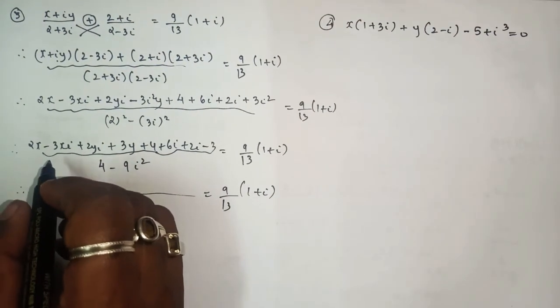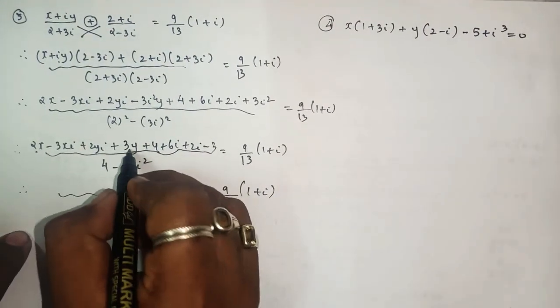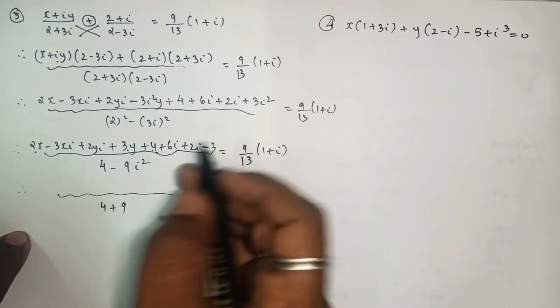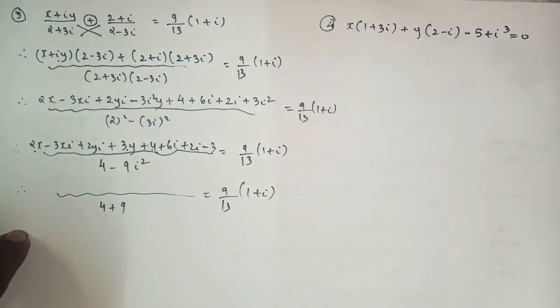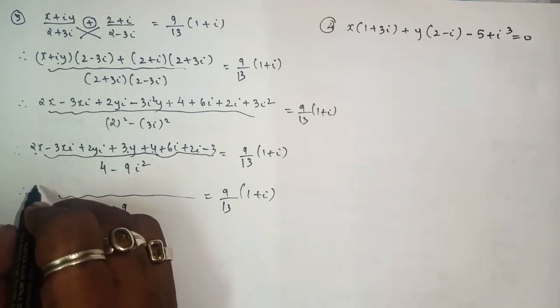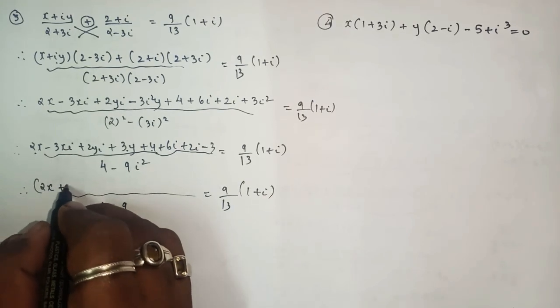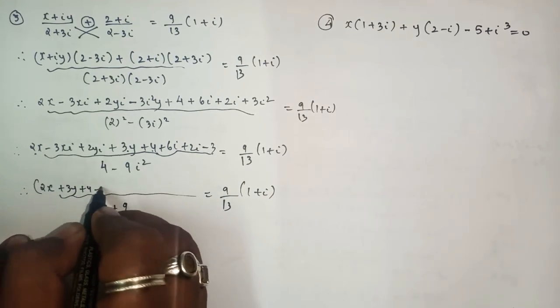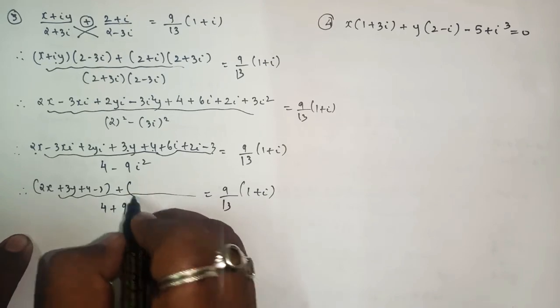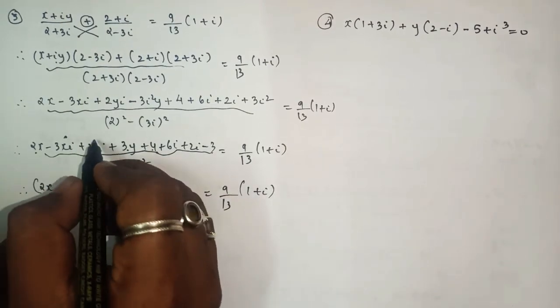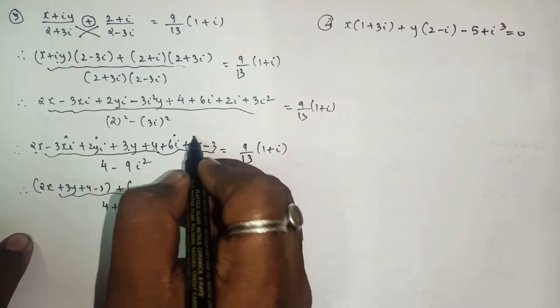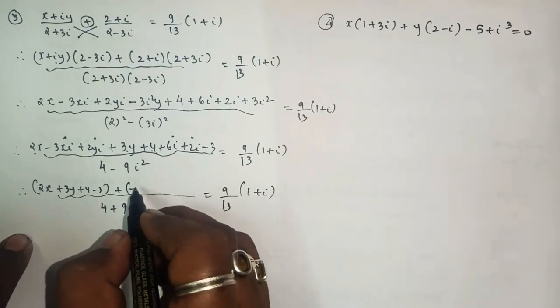So here clearly we can see that this 4 part, that is without i, we'll bring all the 4 terms together: 2x plus 3y plus 4 minus 3, and this part with i we'll bring together.